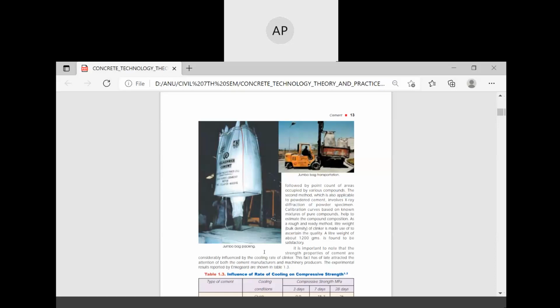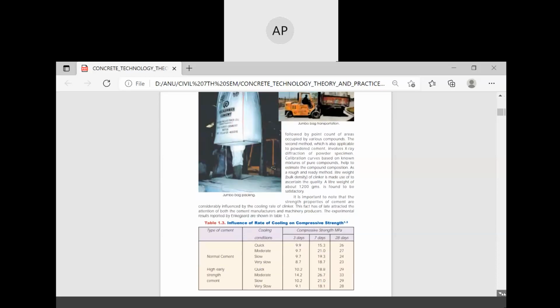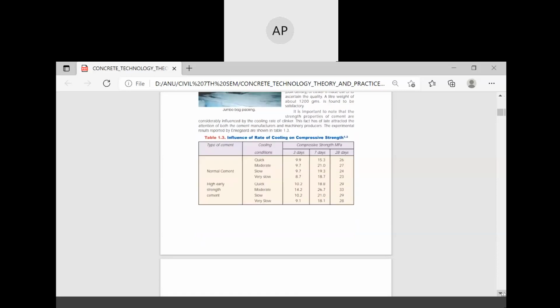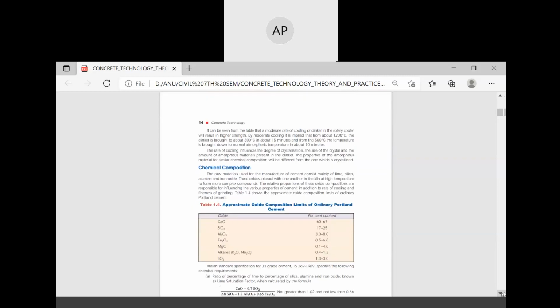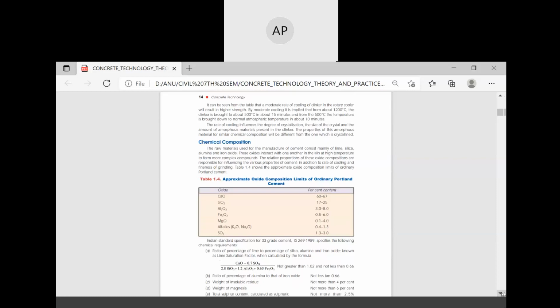The experimental results reported by Lerch and Gardner are shown here. It can be seen from the table that a moderate rate of cooling of clinker is best. The rate of cooling influences the degree of crystallization, the size of crystals, and the amount of amorphous material.